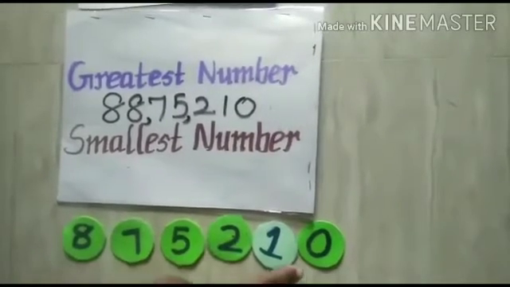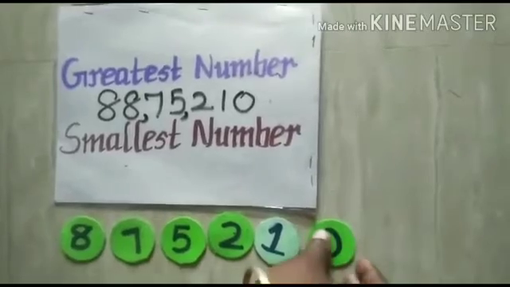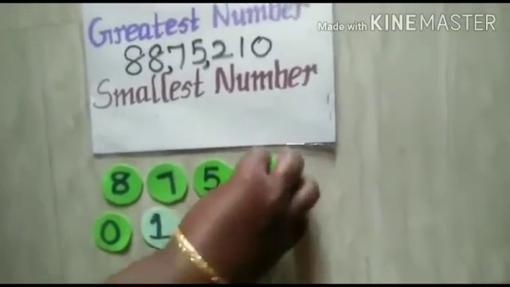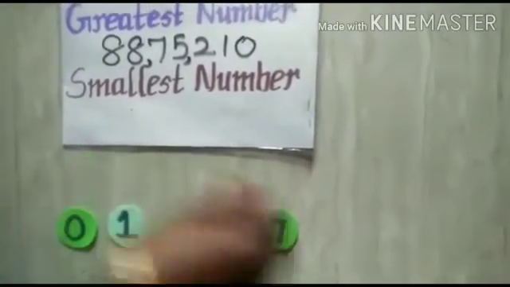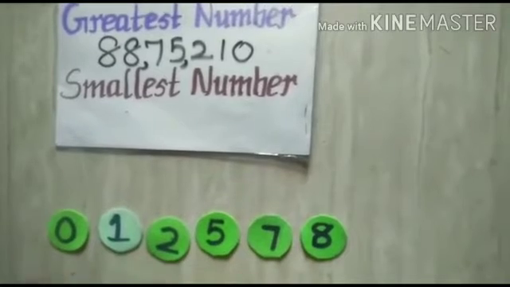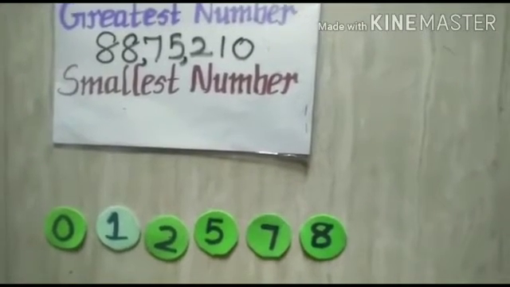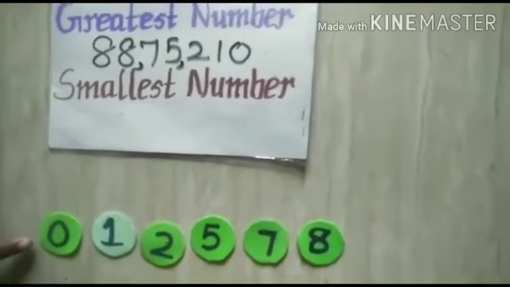Now you have to form the smallest number using these 6 digits. So for that, what you have to do, you have to arrange in ascending order. So just you have to reverse the numbers. 0, 1, 2, 5, 7, 8. Did you get the 7-digit number? No. So what I have to do, you know that a number will not start from 0.